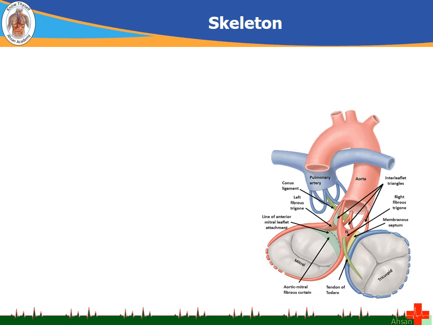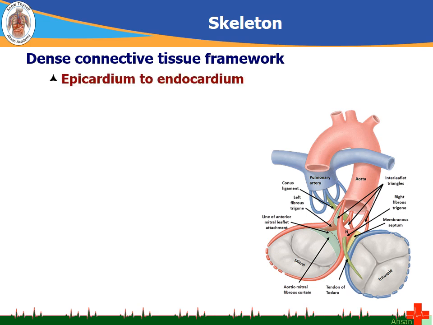The connective tissue portion of the heart wall does not contain any muscle cells, so it cannot conduct the impulse from one place to another, and also cannot take part in the contraction process. This spreads all throughout the walls, from the epicardium to endocardium, or in a reverse way, from the inner layer to the outer layer.